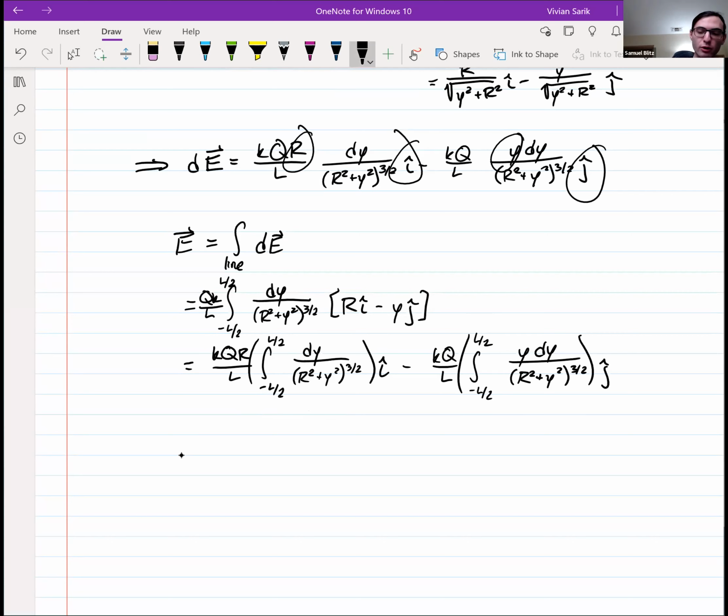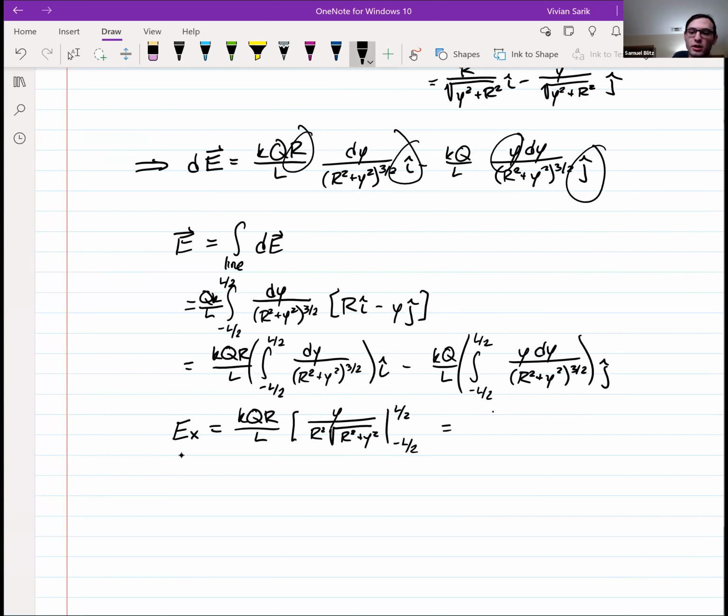So the x component of the electric field would just be this thing. We can do this integral, and I challenge you to do it yourself. It works out that you get kQR over L times y over r squared times the square root of r squared plus y squared, evaluated from minus L over 2 to L over 2.